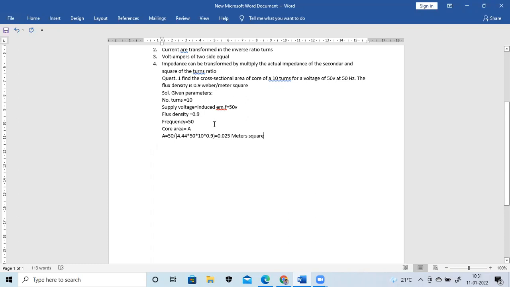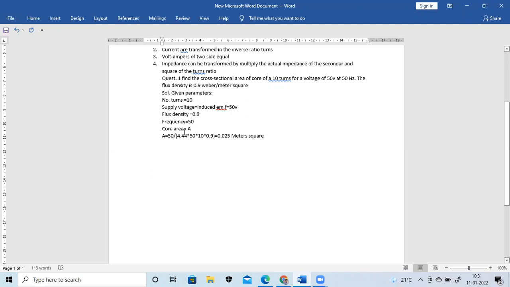You may solve a few more problems for practice purposes. This is one example. You may find another parameter in another numerical. Suppose the induced EMF has to be found out, then just put in all the parameters.